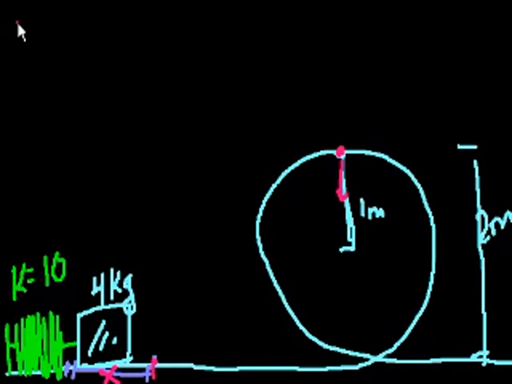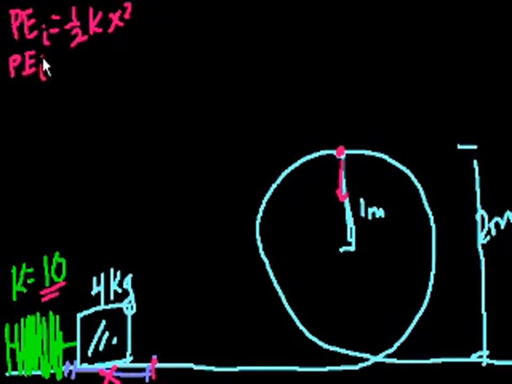Well, we learned that the potential energy of a compressed spring, and I'll call this the initial potential energy, with an I, is equal to 1/2 k x squared. And we know what k is. I told you that the spring constant for this spring is 10. So my initial potential energy is going to be 1/2 times 10 times x squared. So 10x squared.